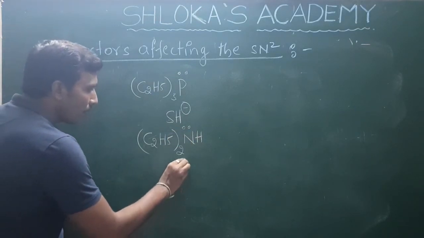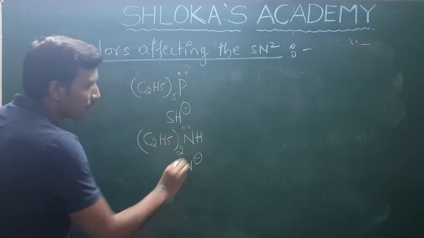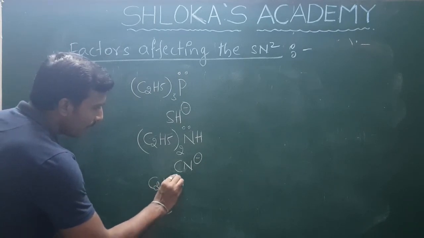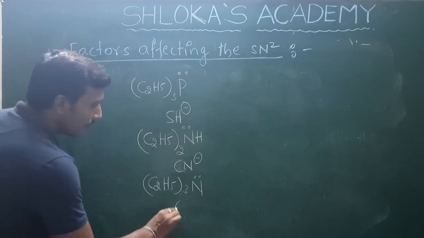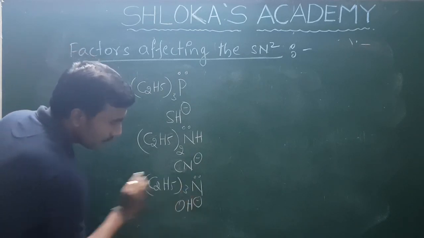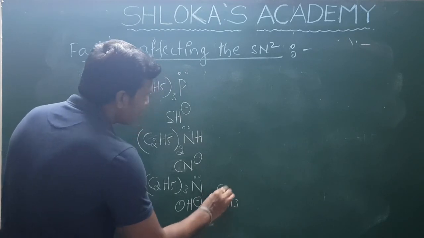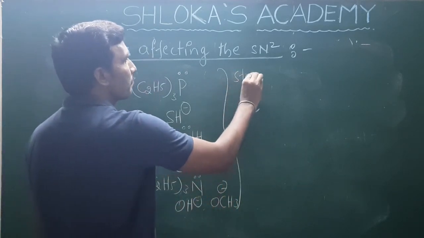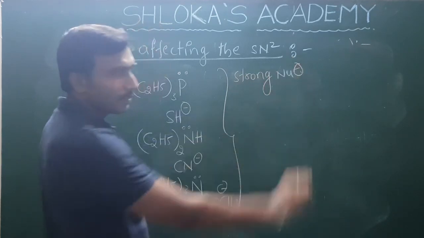Then CN minus, then (C2H5)3N, a tertiary amine, then OH minus, then OCH3 minus. These are the strong nucleophiles.